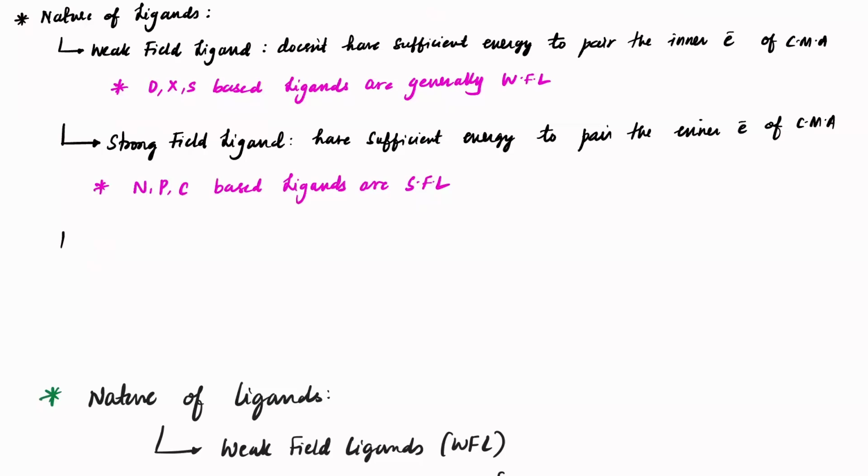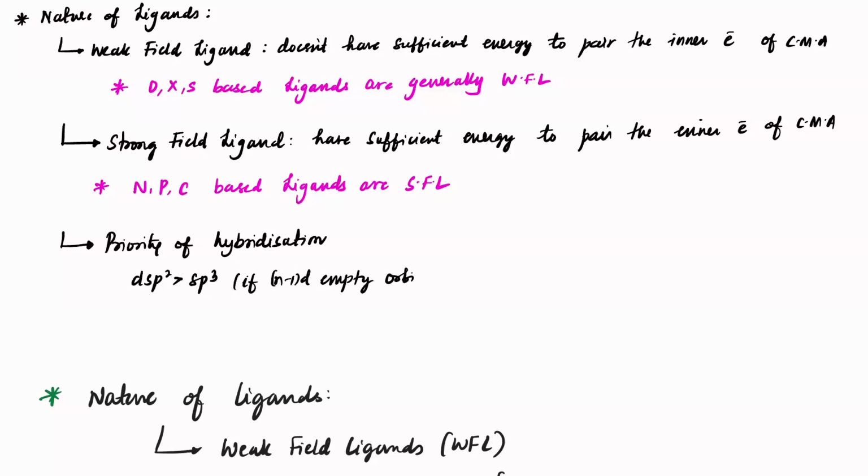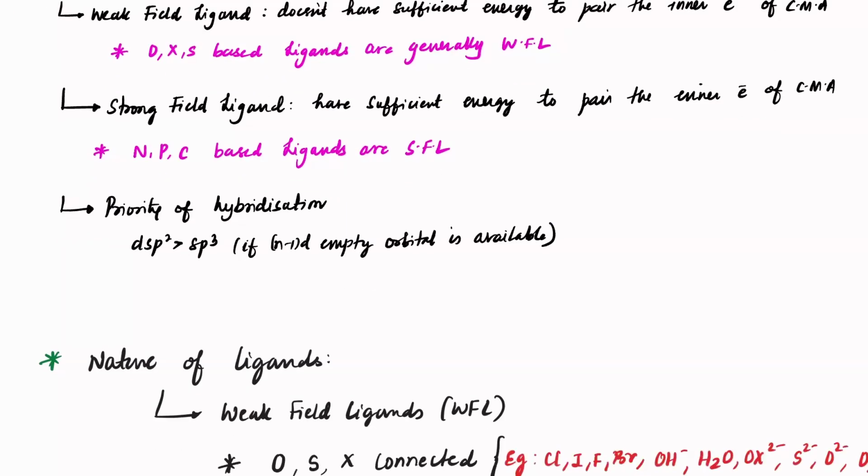Okay, last thing, priority of hybridization. Got it? So dsp2 is always more preferred compared to sp3, if an n minus 1 d empty orbital is available, then this orbital is more prioritized.